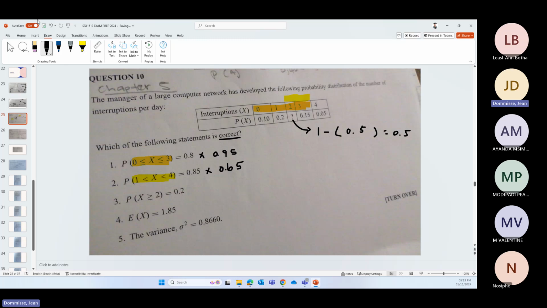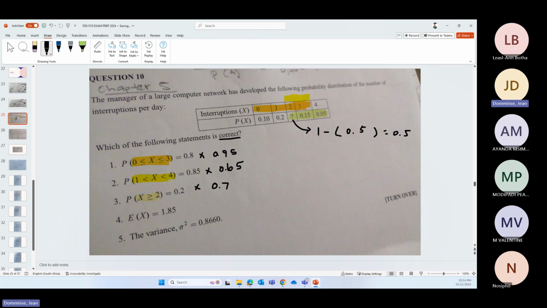Then we look at all the probabilities bigger than 2. And I've read it wrong, bigger than or equal to 2. So we're looking for all 3 of those. So it is 0.5 plus 0.15 plus 0.05, so that should be equal to 0.7. Okay, so unfortunately, none of those got to what we wanted.